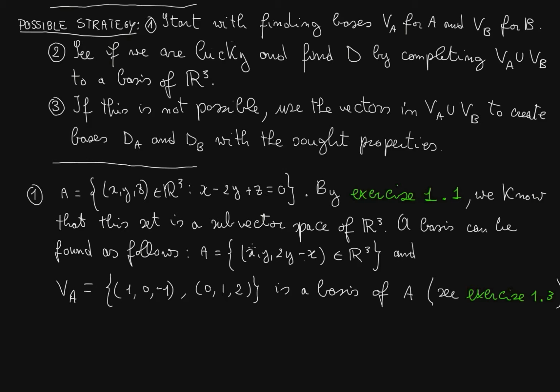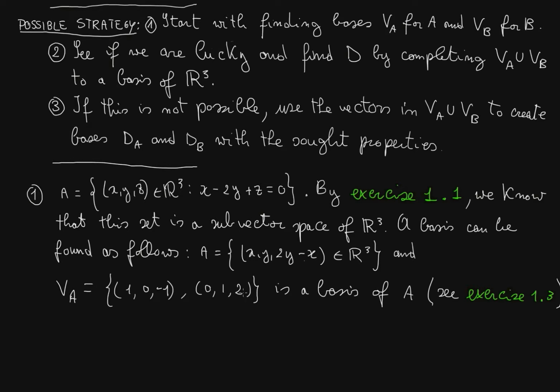Let's, for example, choose x to be 1 and y equal to 0. Then the third coordinate will have to be 2 times 0 minus 1, so we find the vector (1, 0, -1). Choosing x to be 0 and y equal to 1, we find the vector (0, 1, 2 times 1 minus 0, which is 2).